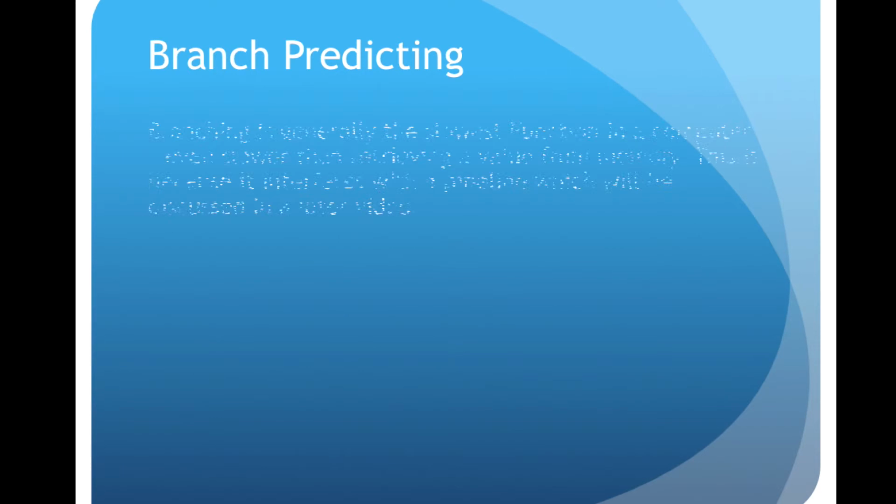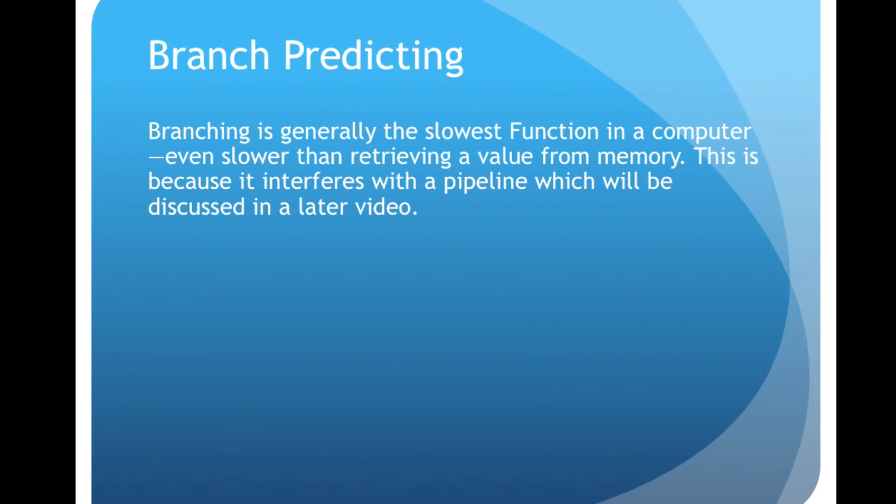Now, if you remember, earlier I said branching is the single slowest function in a computer, and the reason for this is that it actually interferes with a pipeline that computers use to make themselves a little bit faster. The way that basically works is that the program counter doesn't have to rely on any other part of the computer, usually. So the slowest time for a clock cycle would be the amount of time that it takes information to come from memory and to be saved back to memory.